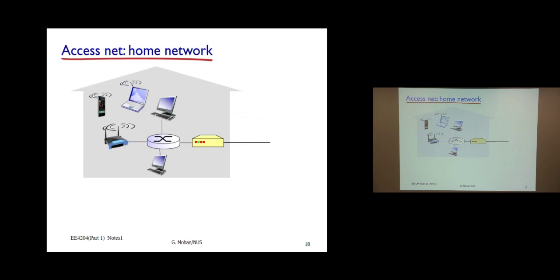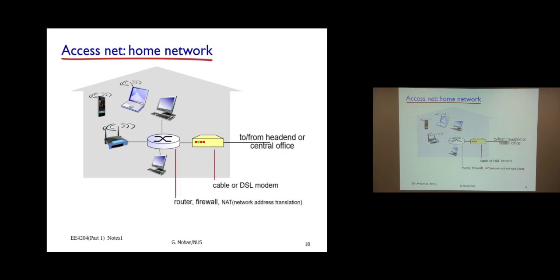Let's look in a bit more detail at the home network. We have seen three kinds of networks. Let's look at the first two kinds, cable or DSL modem based. That means one is based on the TV, the other on the telephone.